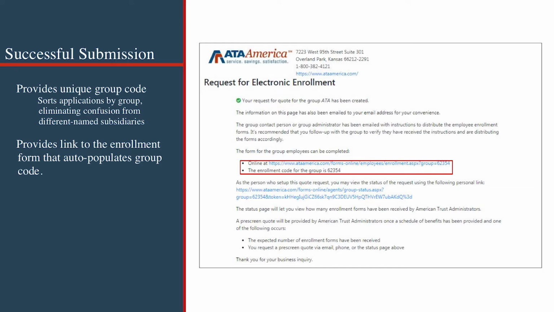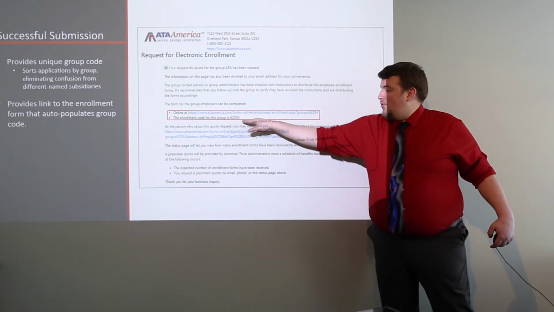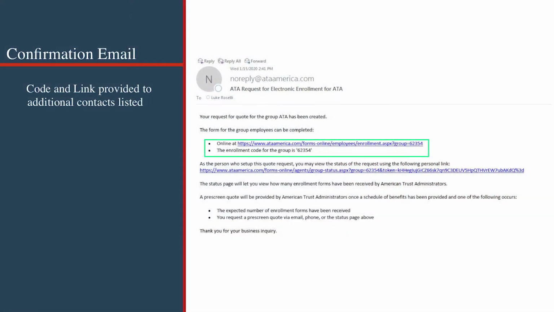And we've got a unique link that has our group number imported in there already. Here is an example of the email you will also receive right afterwards. It's going to be easy to just forward this to the agent, and they will then forward that to the group to get them to start filling out the enrollment form via this link.